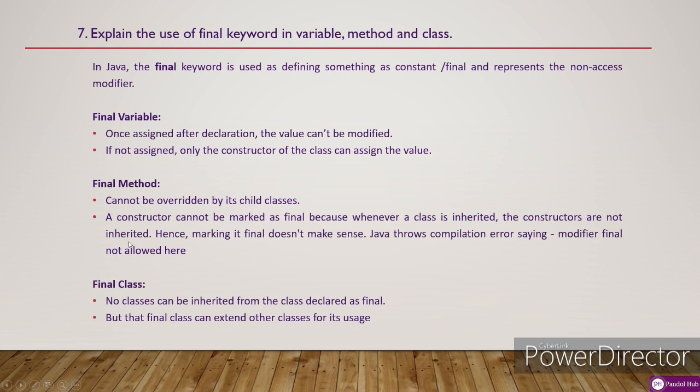Each and every class has its own constructor because the constructors are the methods having the name of the class. So for every class, the class name is going to differ and they're going to have their own constructor. Hence, marking it final doesn't make sense. So Java throws a compilation error saying modifier final not allowed here.